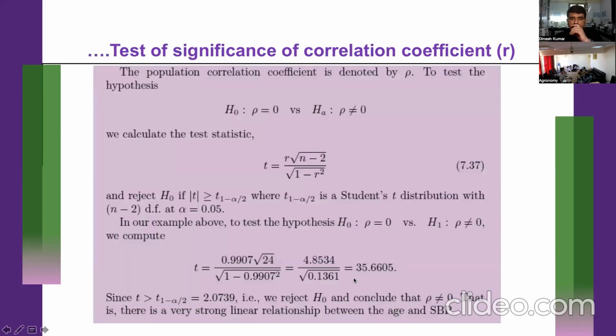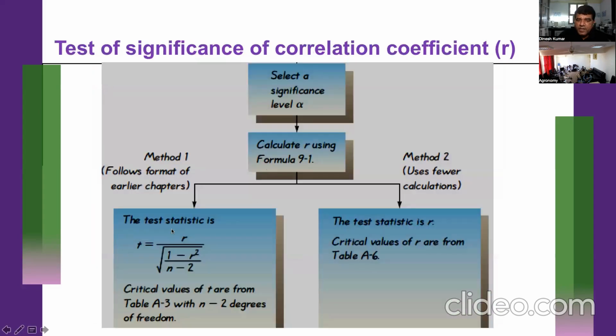So now you see how to calculate by the t-test. In the t-test, you see the hypothesis. This is your population correlation coefficient, and the null hypothesis is that it is 0. The alternate hypothesis is that it is not 0, or it is significantly different. So t is the same formula. What you have seen here can also be written as in the next slide. N minus 2 will go up.